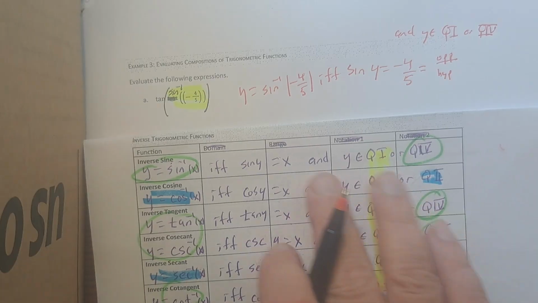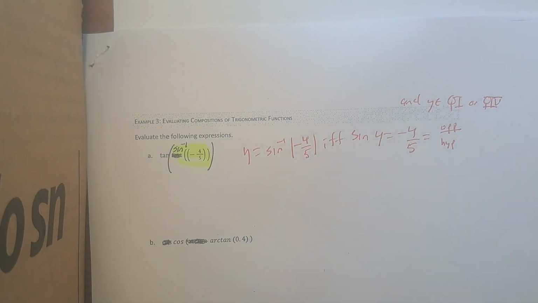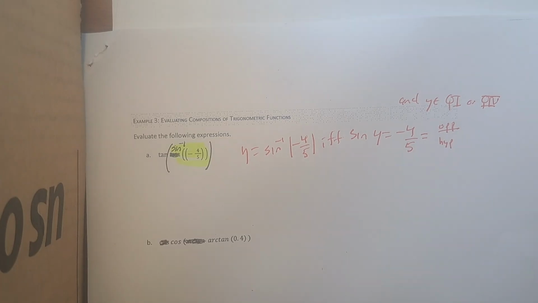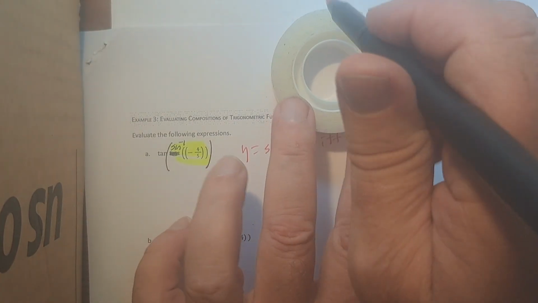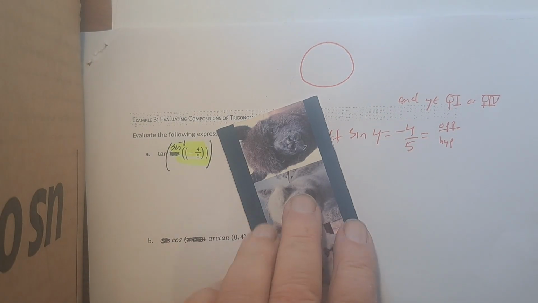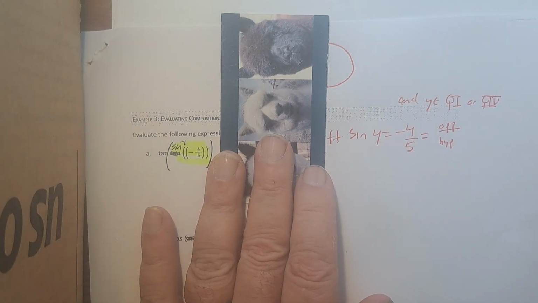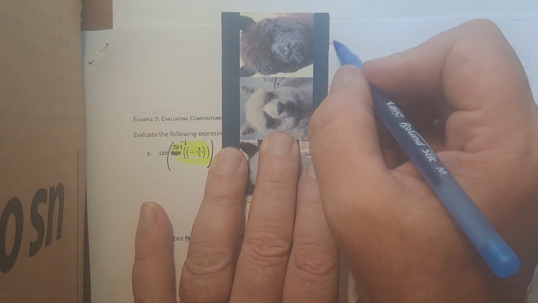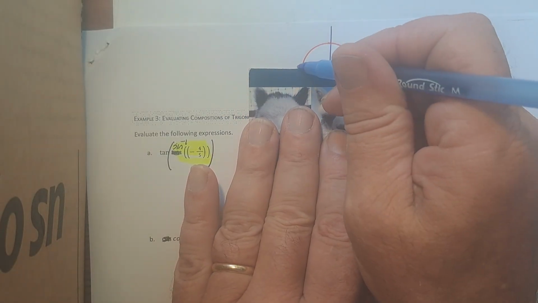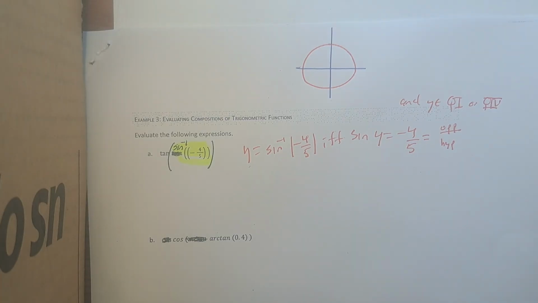So I want to draw the situation where I'm in the fourth quadrant, and those are the parts of my triangle.